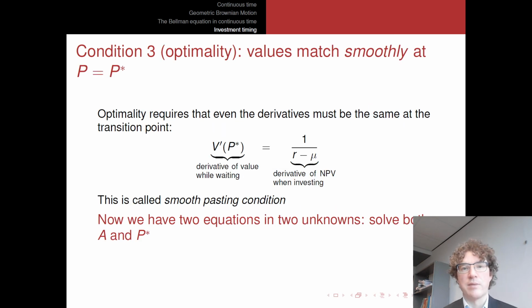Optimality is going to require that these values are not only continuous, but actually matched smoothly at this threshold p star. Smoothly means that even the derivatives must be the same at that point. So the derivative of our option value at p star, the value while waiting, should be equal to the derivative of the NPV when we make the investment.